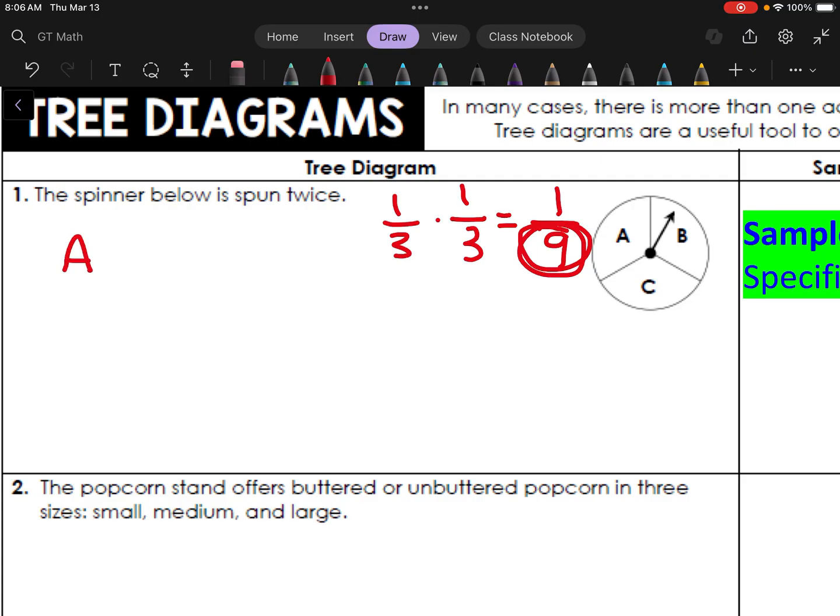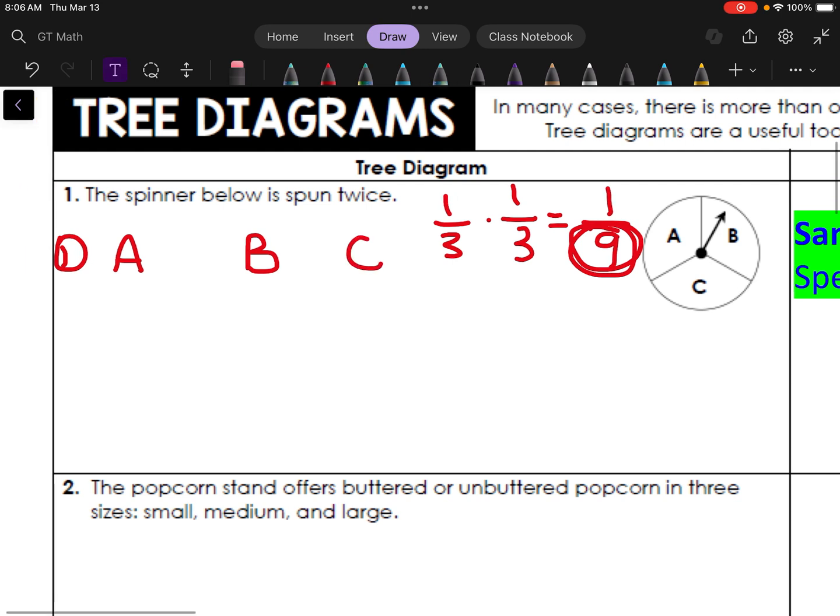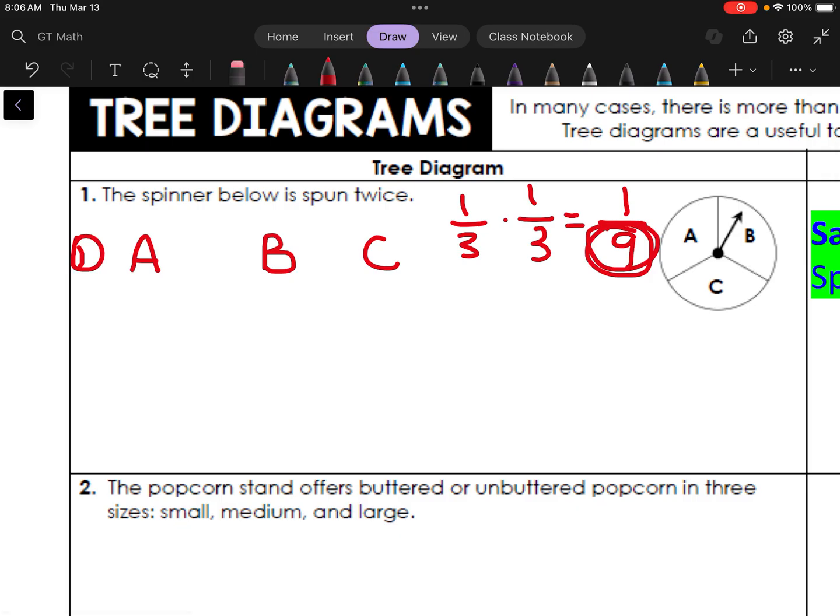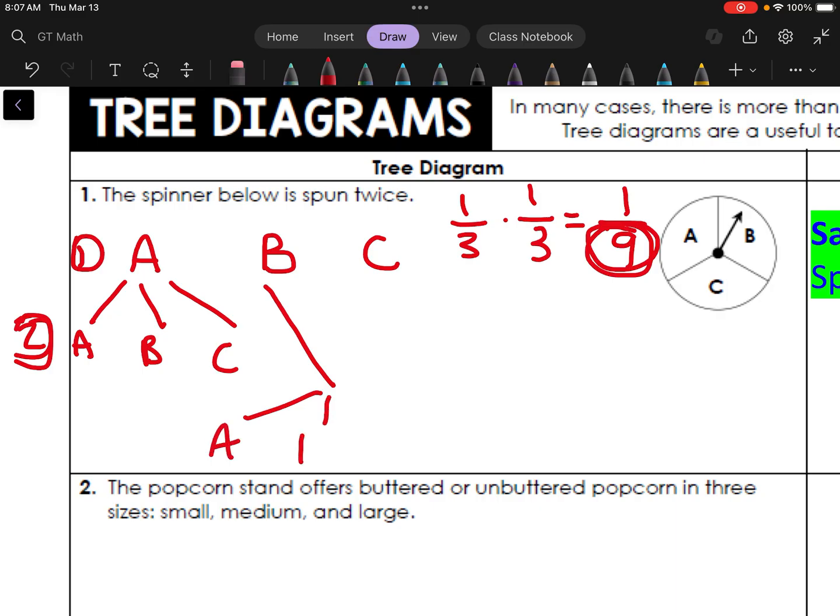So if you spin, and we call this event 1, you have a choice between A, B, and C. Now, assuming that you get A, you have event 2. In event 2, you have a chance of getting A, B, or C again, right? Same if you got B, you still have a chance of getting A, B, or C again.